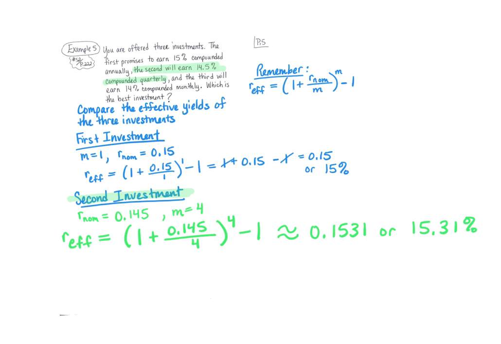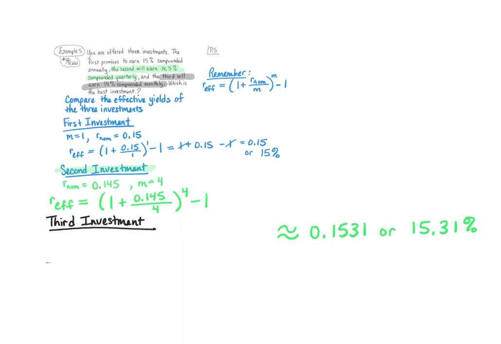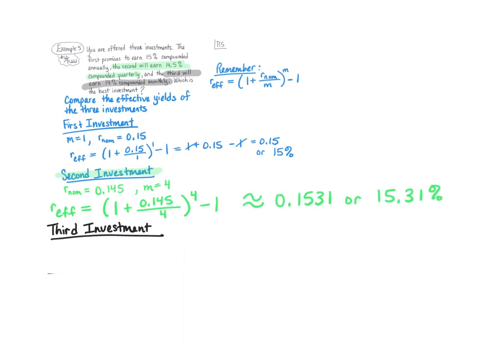Okay, now let's see what happens with our third investment. Our third investment will earn 14% compounded monthly. So our nominal interest rate is equal to 0.14.